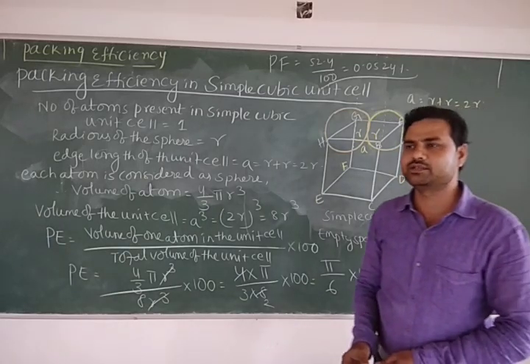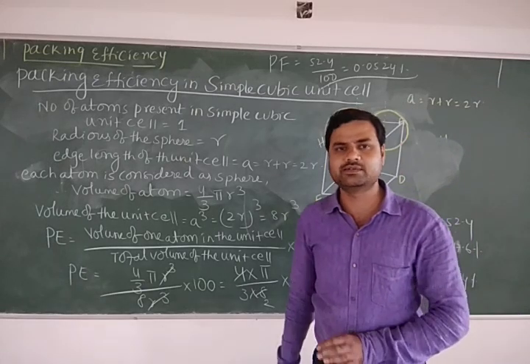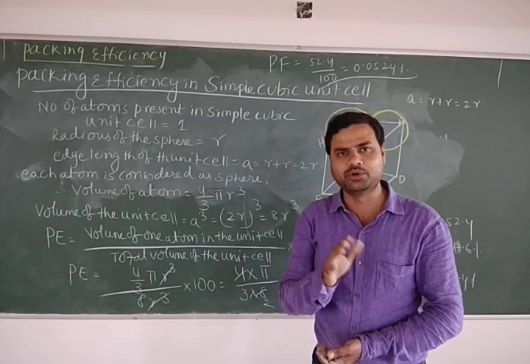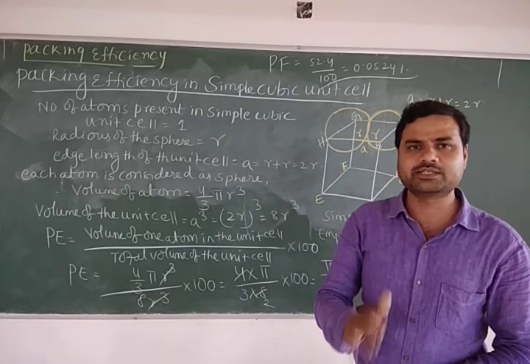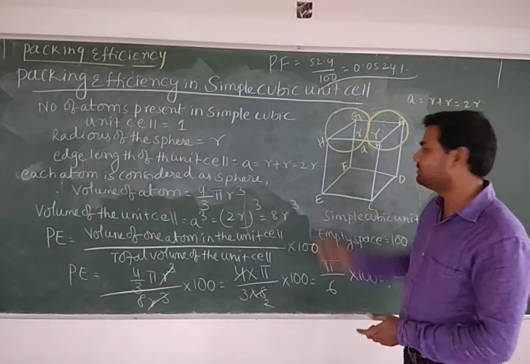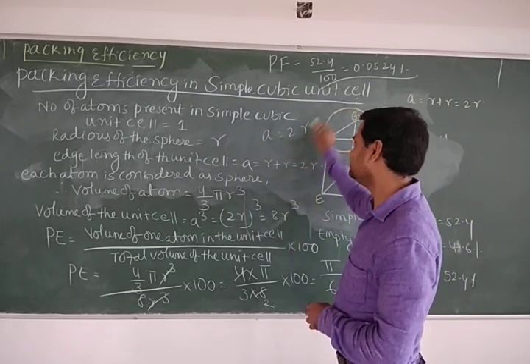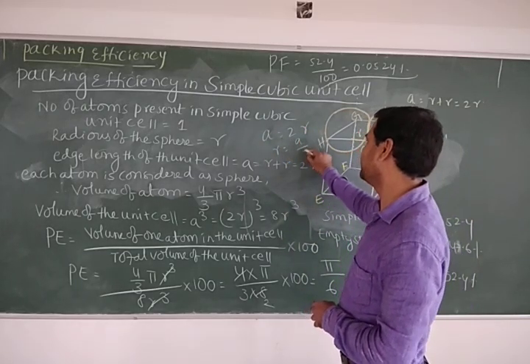In the next class, we will discuss the packing efficiency in body centered cubic crystal as well as face centered cubic crystal, and it is a most important topic. You must remember the packing efficiency value and also the edge length value, because many questions will come on this. Edge length a is equal to 2r, then r is equal to a by 2.